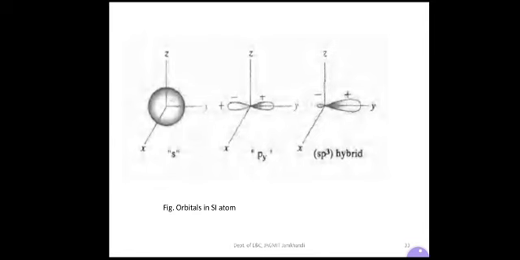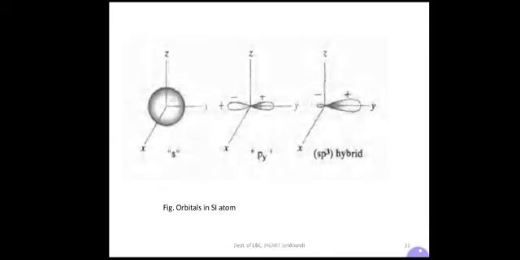Now let us focus on the valence shell, that is n equal to 3. We have two 3s and two 3p electrons. It turns out that the 3s orbital is spherically symmetric with no angular dependence and is positive everywhere. So it can hold 2 electrons with opposite spin according to Pauli's principle that we have discussed earlier.